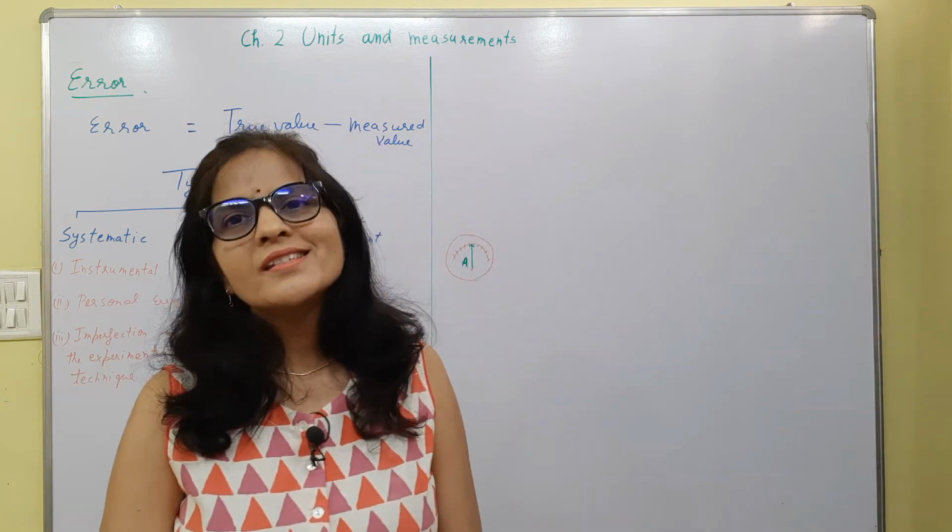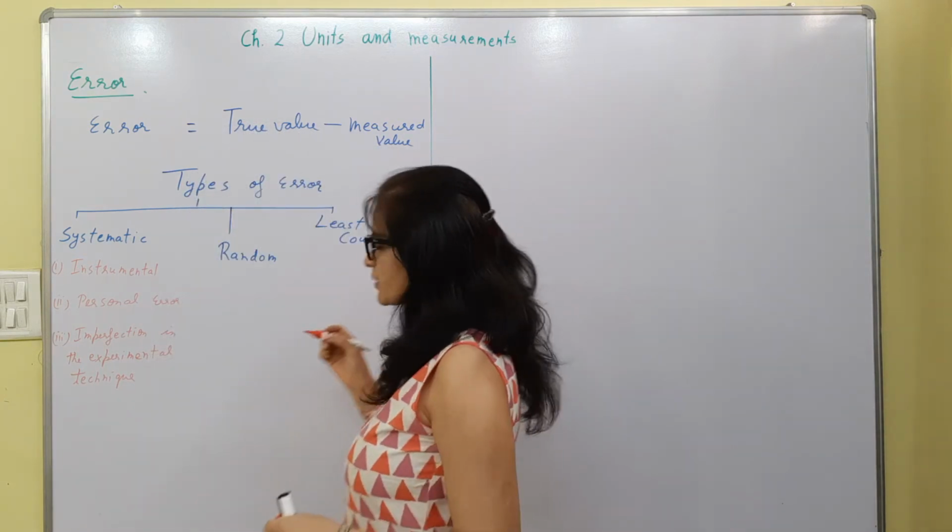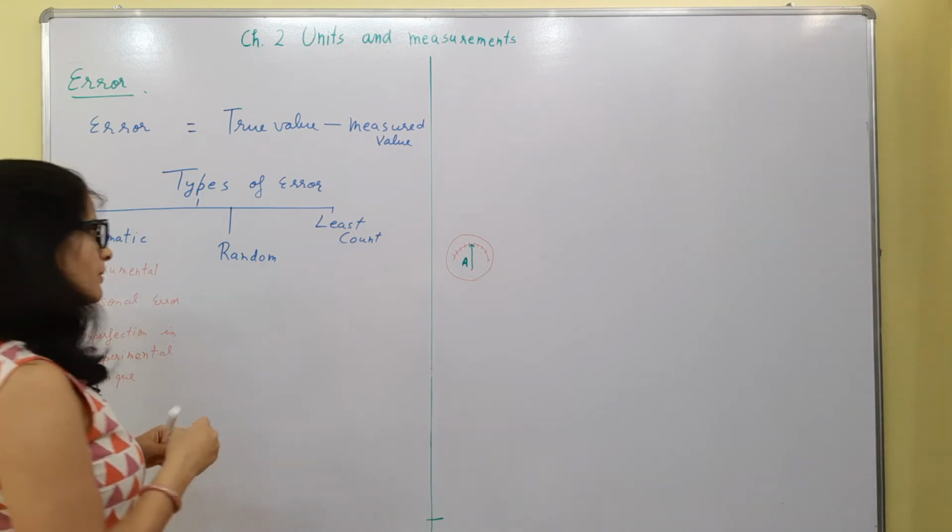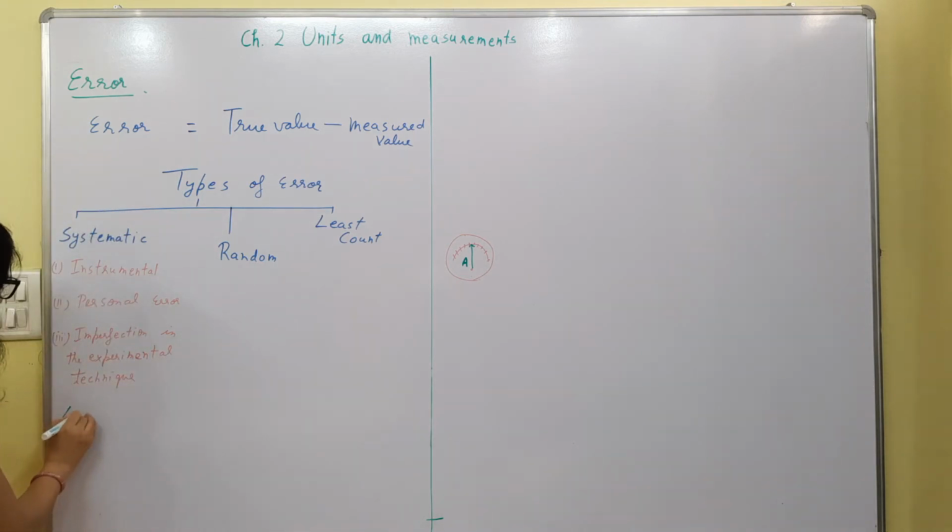So what is least count? Least count is the smallest value which can be measured accurately by an instrument.